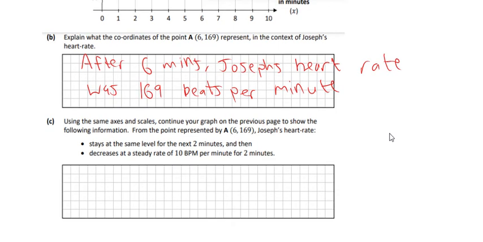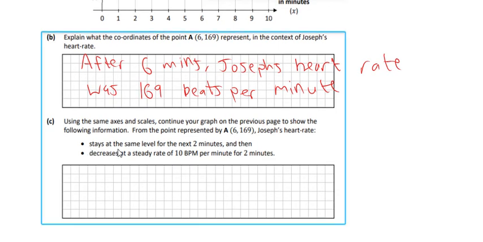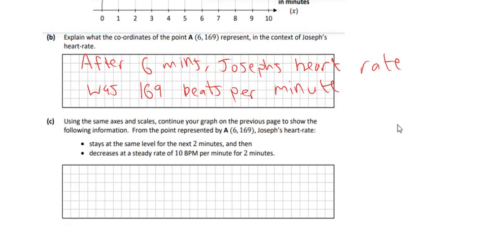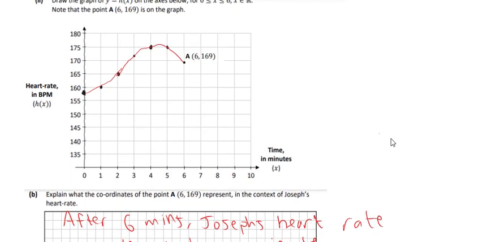The first bullet point: it stays at the same level for the next 2 minutes. We're on 6 minutes here at the point 6, 169, so it stays at the same rate for the next 2 minutes. Let's go on to 8 minutes, and it's going to stay the same. So it's going to be a horizontal line across like that. That takes us up to 8 minutes.